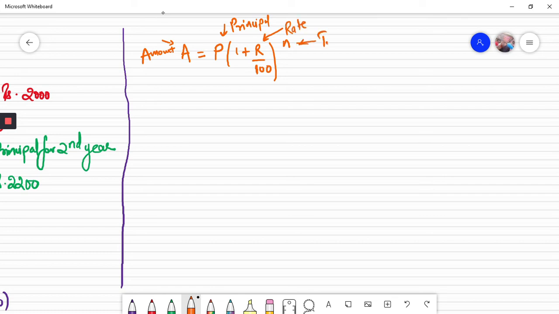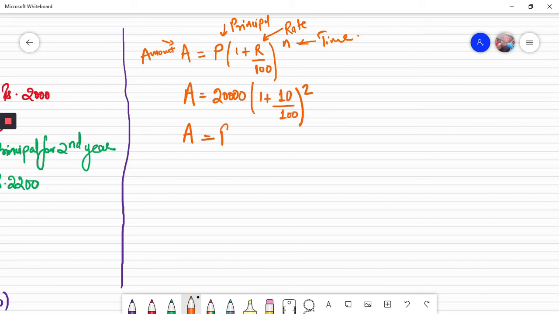So substituting the values, we will get amount as 20,000 into 1 plus rate, which was 10 upon 100, raised to the power 2.